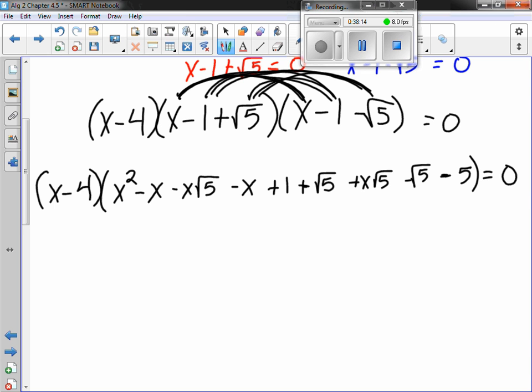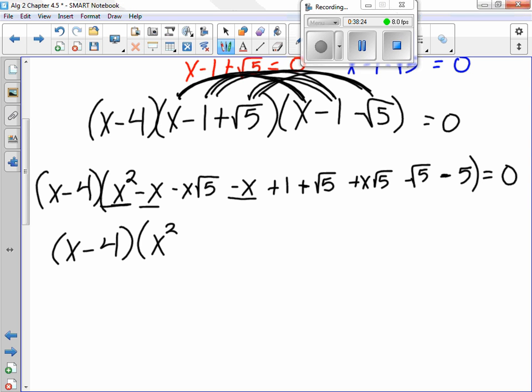Yes? Now we can combine like terms, x minus 4. Well, x squared is the only term. We have negative x, so negative 2x. Now, negative x square root of 5 and x square root of 5, these cancel.